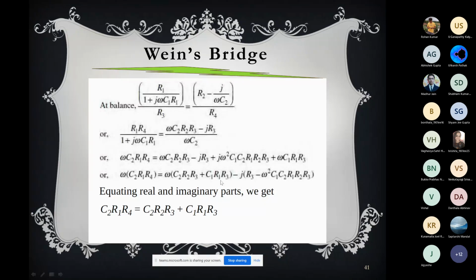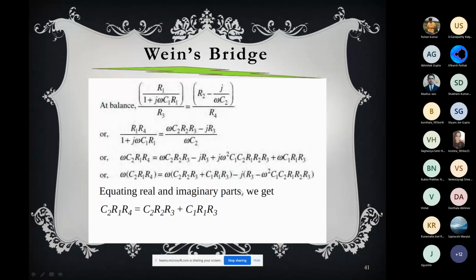Ultimately, if you equate the real part, you get C2 R1 R4 equals C2 R2 R3 plus C1 R1 R3. And if you equate the imaginary part, omega square will equal R3 by C1 C2 R1 R2 R3, where one R3 will cancel out.